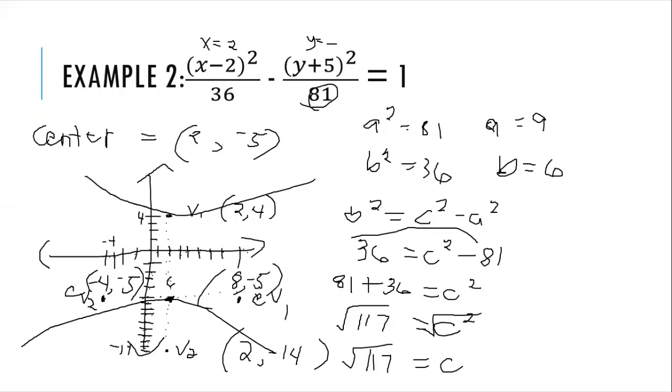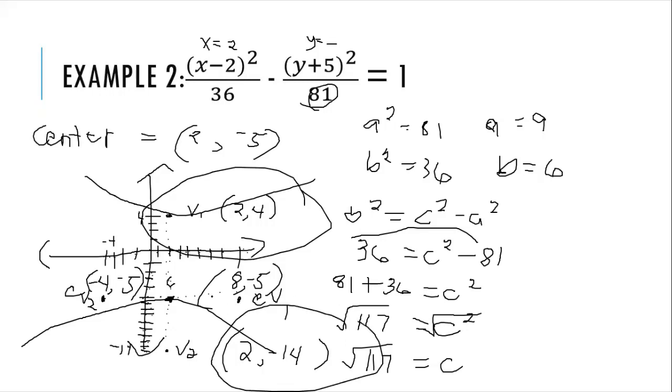So that's it. We have our coordinates of our center, which is 2, negative 5. Vertex 1, 2, 4. Vertex 2, 2, negative 14. Covertices, covertex 1, 8, negative 5, and negative 4, negative 5, with our C at square root of 117. That's it. Thank you.